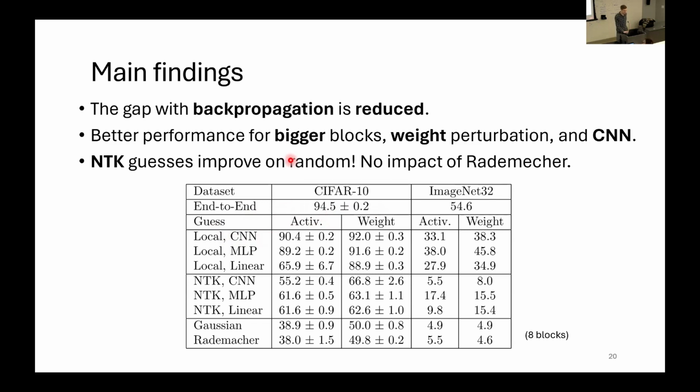There's also better performance for bigger blocks, here 8 blocks compared to 16 blocks. Maybe some of this can be attributed to the fact that with bigger blocks we can have bigger auxiliary nets, since our limitation was to stay under 10% FLOPs. You can also see this in local learning: with deeper or bigger auxiliary nets, you have better accuracy.